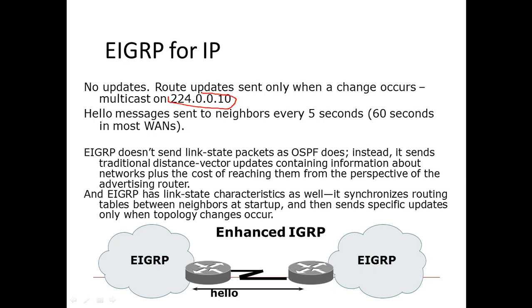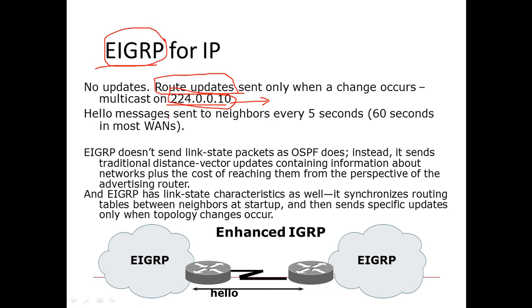This is the IP address that EIGRP uses to transmit the route updates. So the route updates are multicast using this IP, and whenever you see this IP, you have to know that you are using EIGRP.